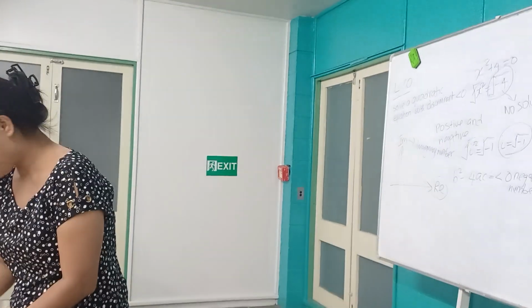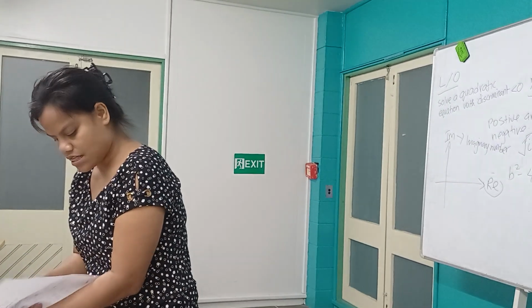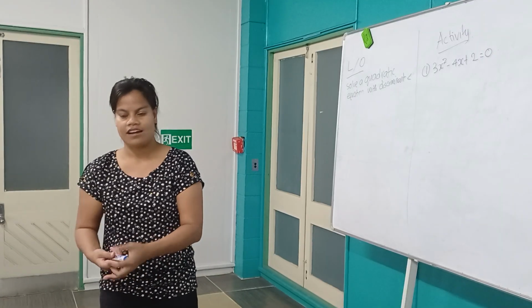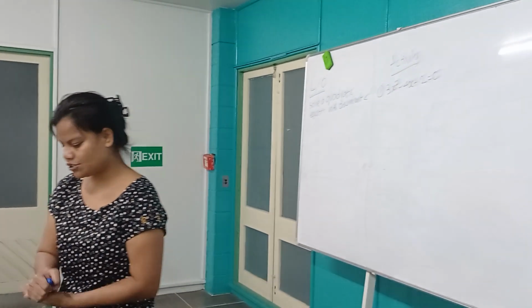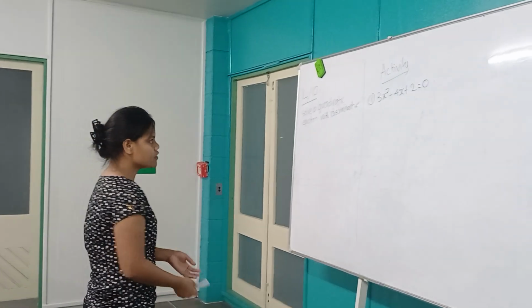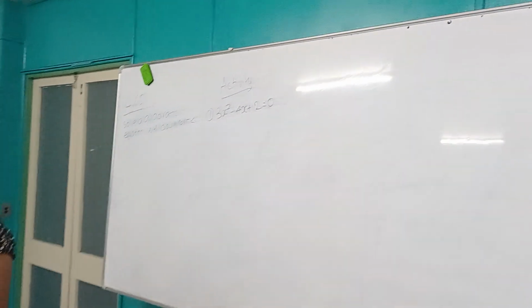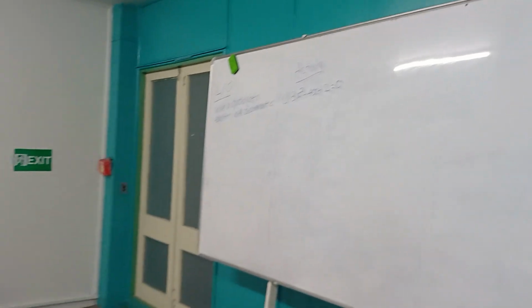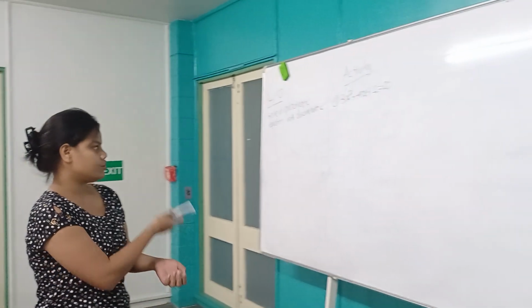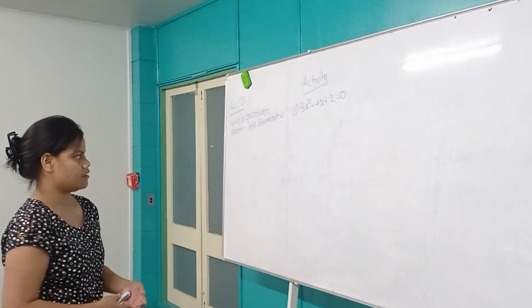Do question number 8 and then we discuss on the board. I'll give you 2 or 3 minutes. I hope you have finished the activity. I want a volunteer to come and do it on the board. Okay, madam.